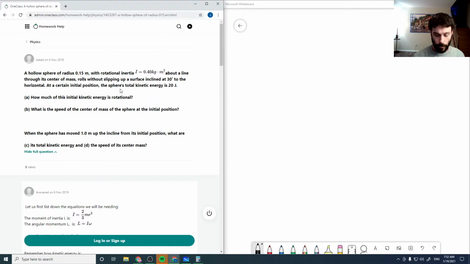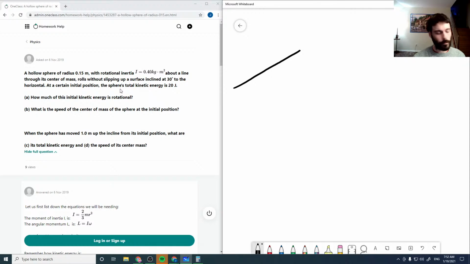Okay. So we've got a hollow sphere of radius 0.15 meters, and it's on a 30-degree incline.